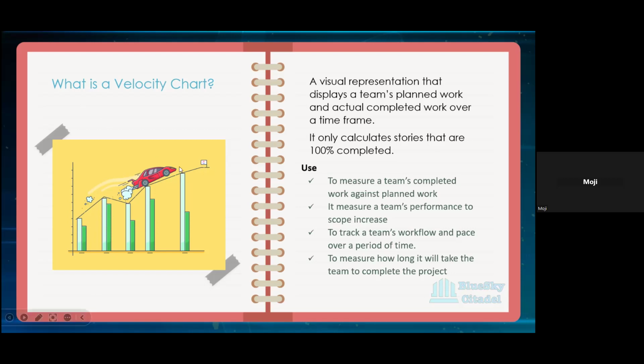So looking at this velocity chart, the team has not mastered their rhythm yet, because if they had, things should be steadier. They're not using their average velocity to guide themselves to work. They're just taking in work based on how they feel, like, oh, we can do this. But the velocity chart is there for a reason.